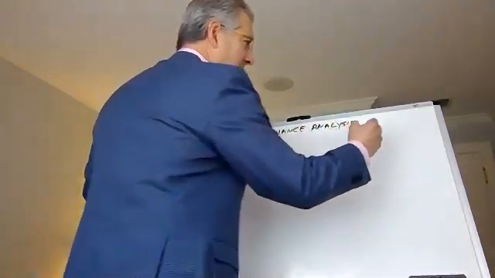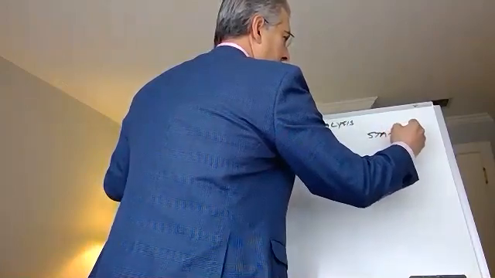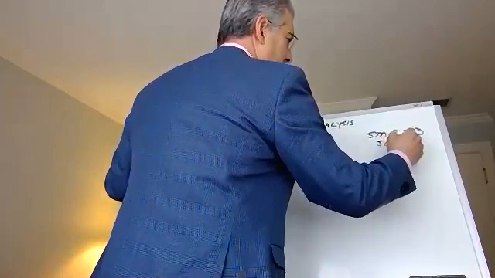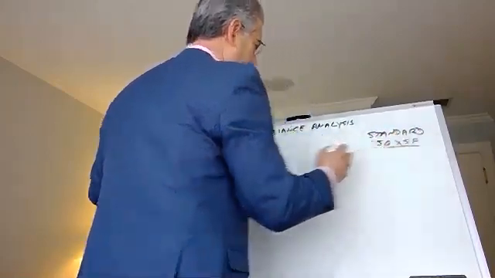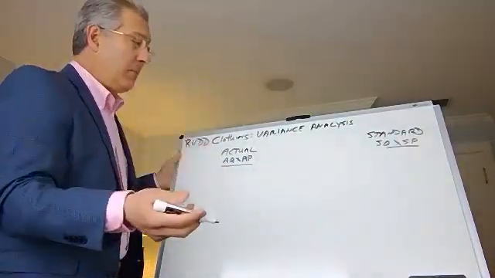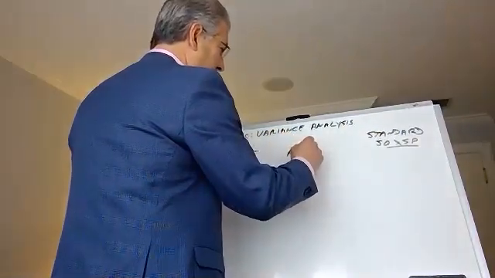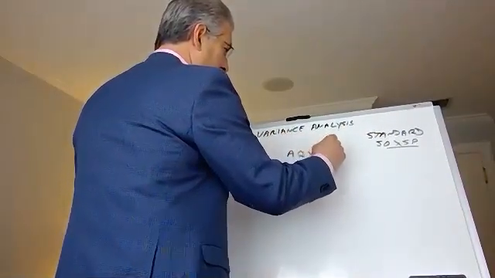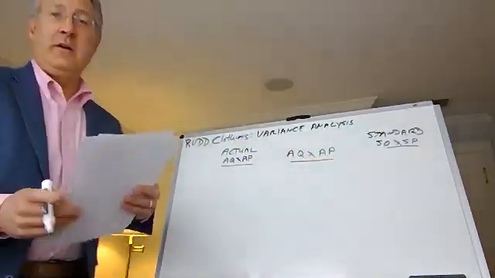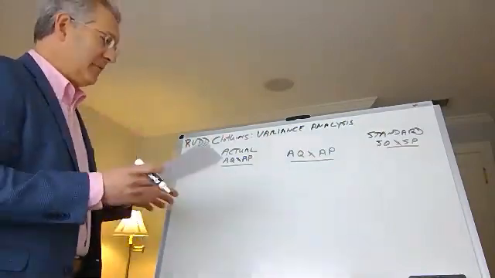Over on the far right, we have the standard information, which is SQ times SP. And in the middle here, we have another number which helps us distinguish between price and quantity variances. So we look at AQ times AP. And we can use this format for direct materials, direct labor, and variable overhead.